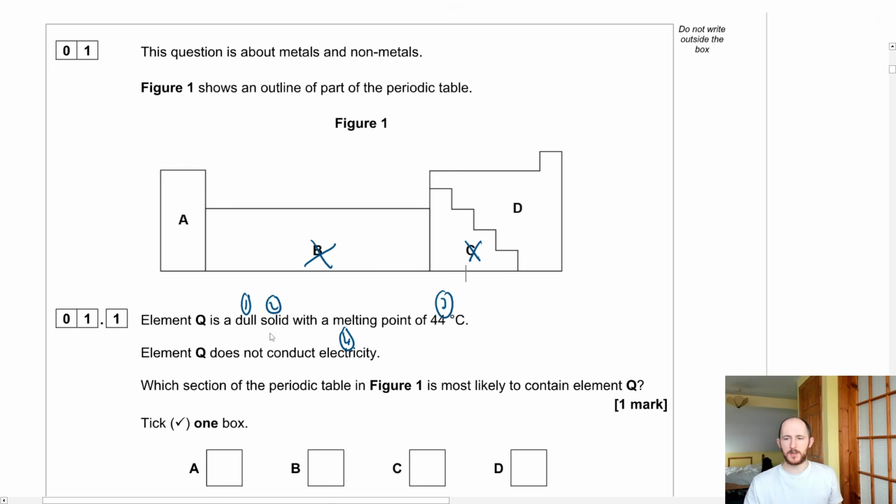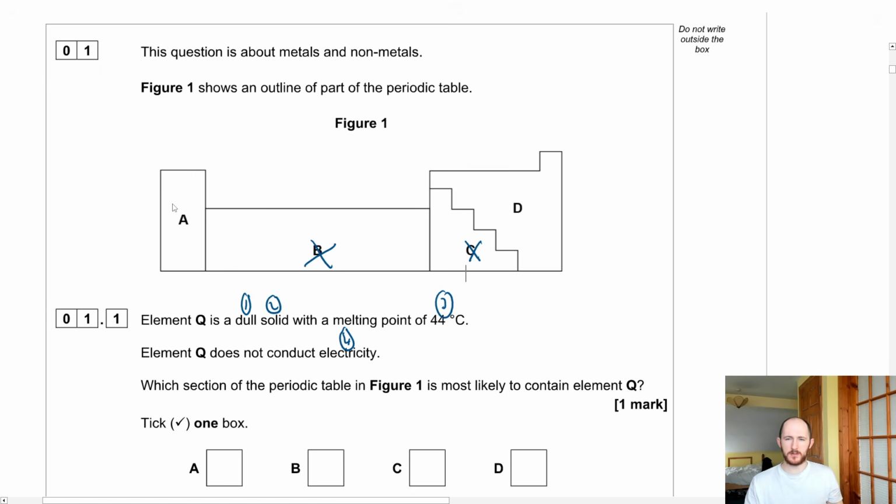Okay. So now we have that it's a solid with a melting point of 44 degrees Celsius. Generally speaking, as we go down the table, the melting point will increase. For example, all the way up here you have hydrogen, and you have helium over here. Those two are gases at room temperature.